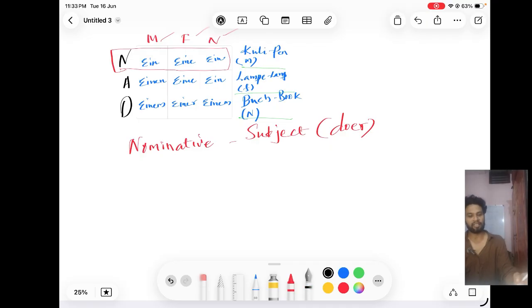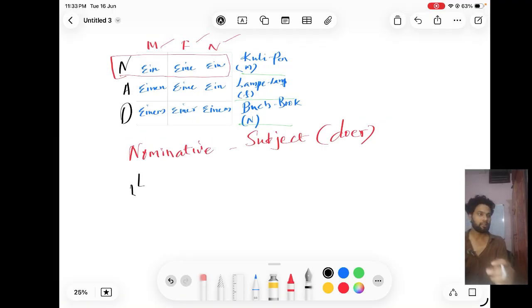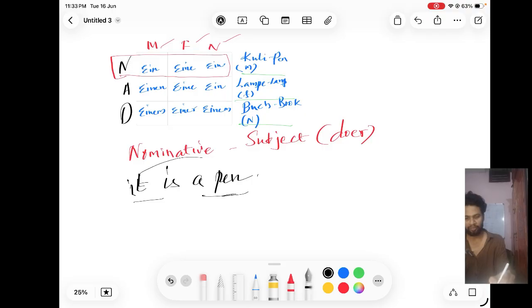In the example in German, I will say: it is a pen. Here, it and pen are both the same. It is referring back to pen.